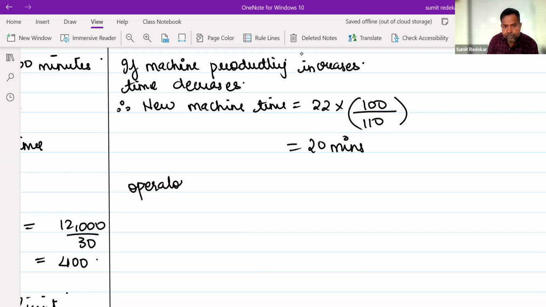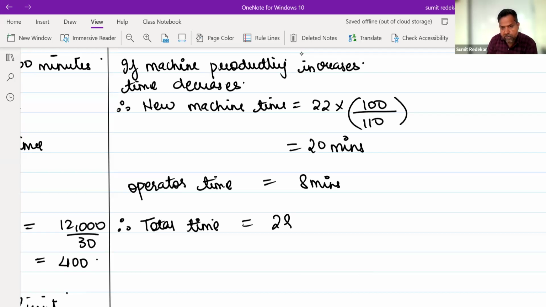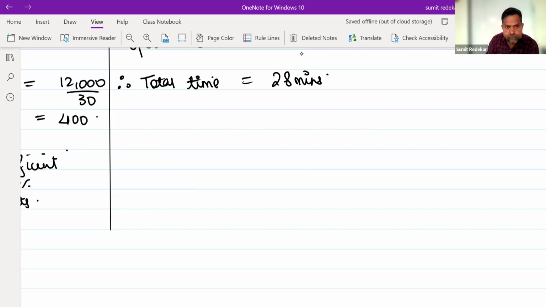Operator time is still 8 minutes. So therefore, total time is still 28 minutes. Correct?